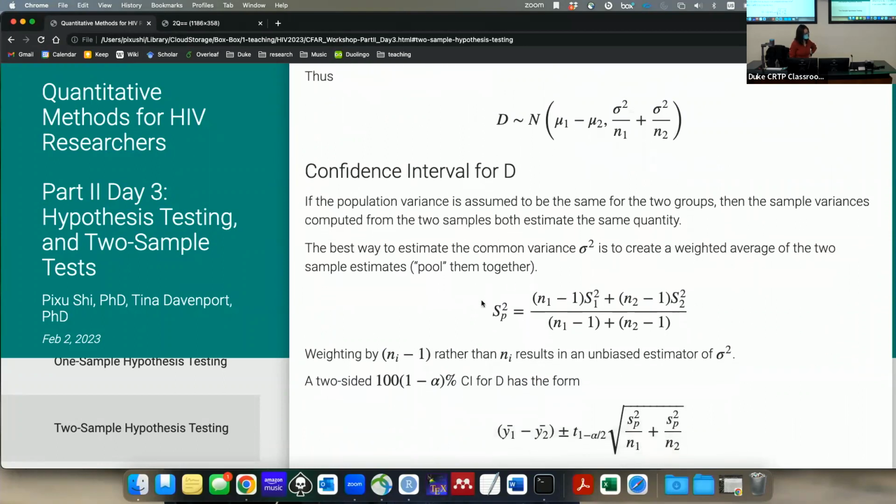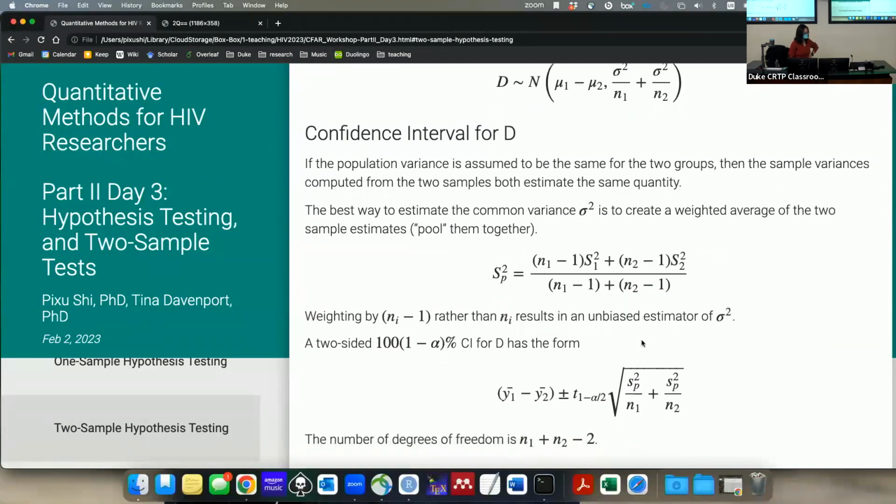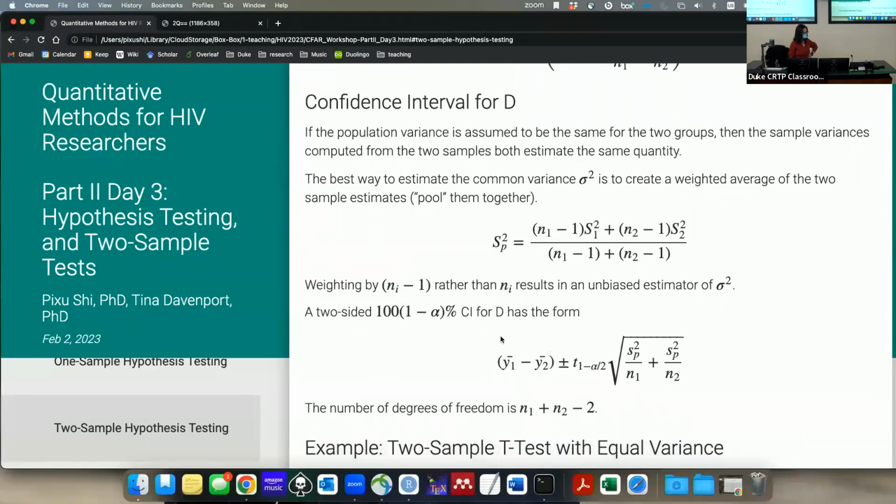So here we are calculating basically the sample variance, an estimate for the population variance by plugging in the sample variance of each group, and your confidence interval for the difference will just be the difference plus minus some value multiplied by this standard error of the mean.